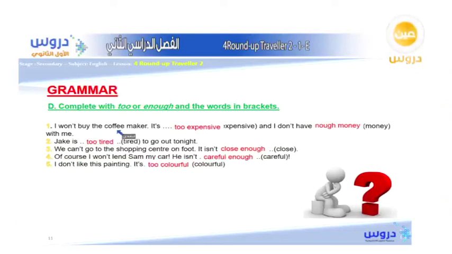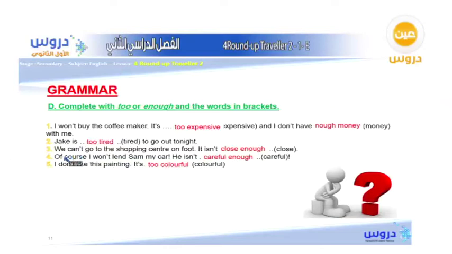First one, I won't buy the coffee maker. It's too expensive. And I don't have enough money with me. Number 2, Jake is too tired to go out tonight. Number 3, we can't go to the shopping center on foot. It isn't close enough.